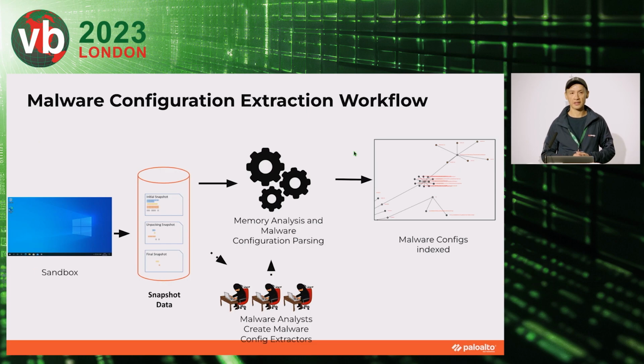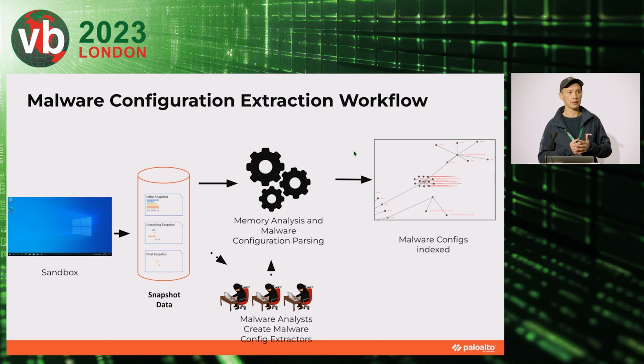So this is a quick overview of how we usually extract malware configurations. Typically, we execute the samples inside our sandbox, and during the various phases of execution, we capture memory snapshots. From the memory snapshots, we conduct post-processing.